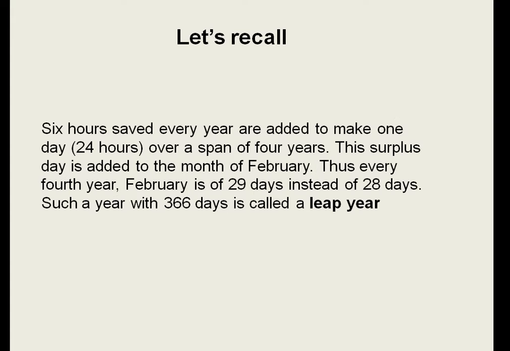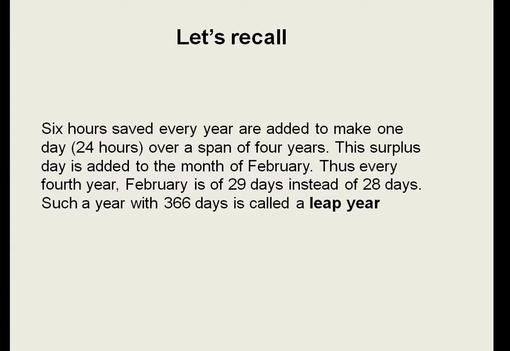Next, moving further, what is a leap year? The slide is representing what a leap year is. The 6 hours saved every year are added to make one day, that is 24 hours. So if you keep 6 hours for 4 years, 6 fours are 24.